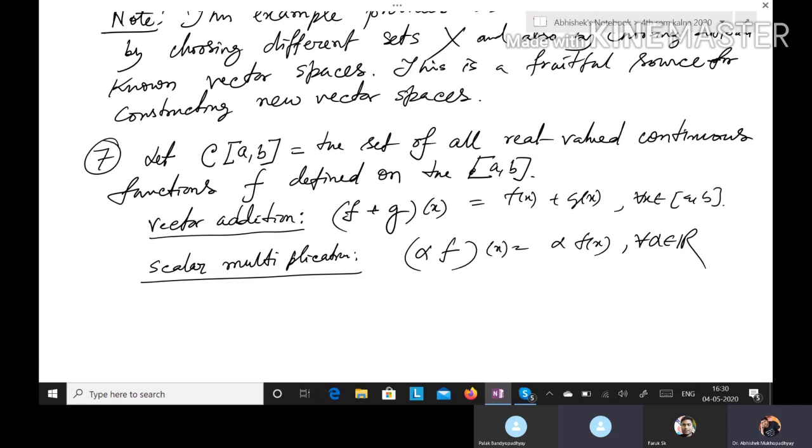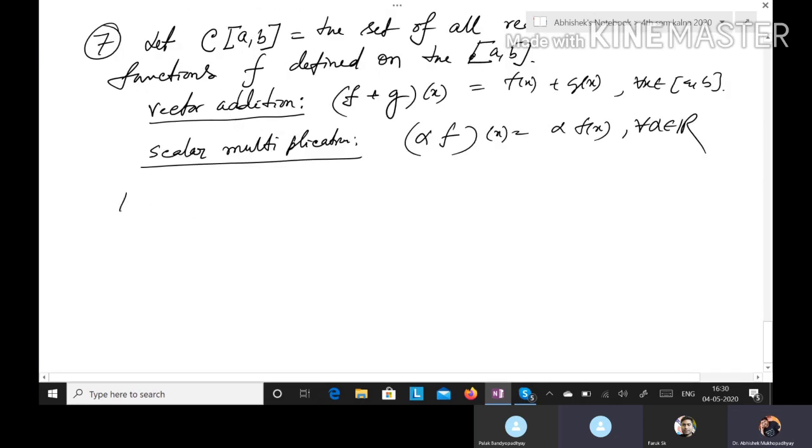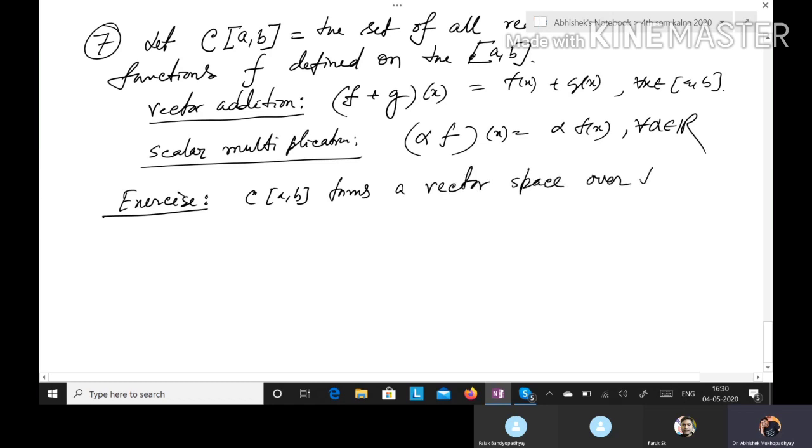And this is again an exercise: C[a,b] forms a vector space over the field of reals R.